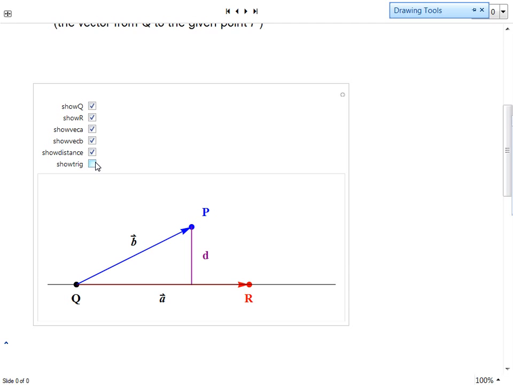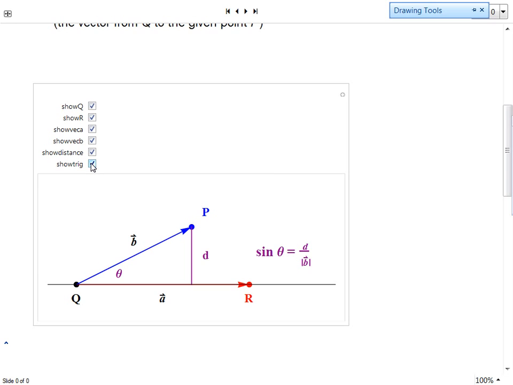Now there are some relationships on this picture I've put up here. I have that from pre-cal, if this is the angle between these two vectors, right? Angle between two vectors, then sine of that angle is opposite over hypotenuse. Now, hypotenuse is the length of this side, isn't it?